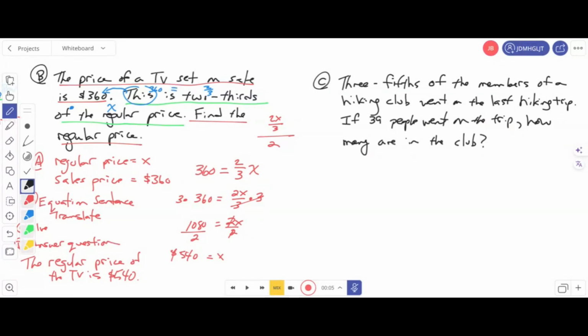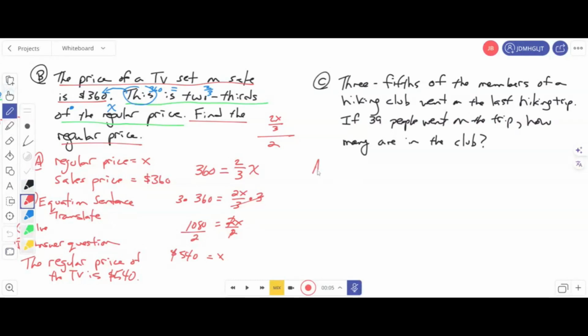If 39 people went on the trip, how many people are in the club? Well, it's not 39. 39 went on the trip. A fraction of the people in the club went on the trip. So 39 is how many people went, and it's a fractional amount of the whole membership of the club.